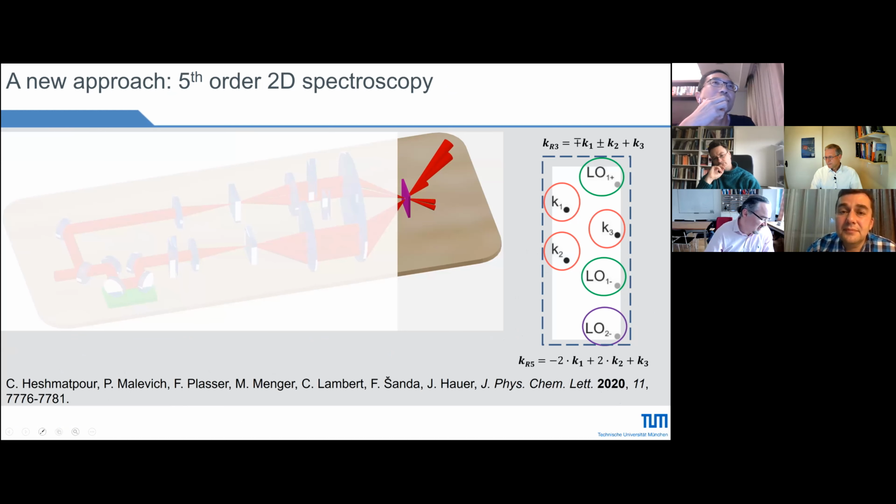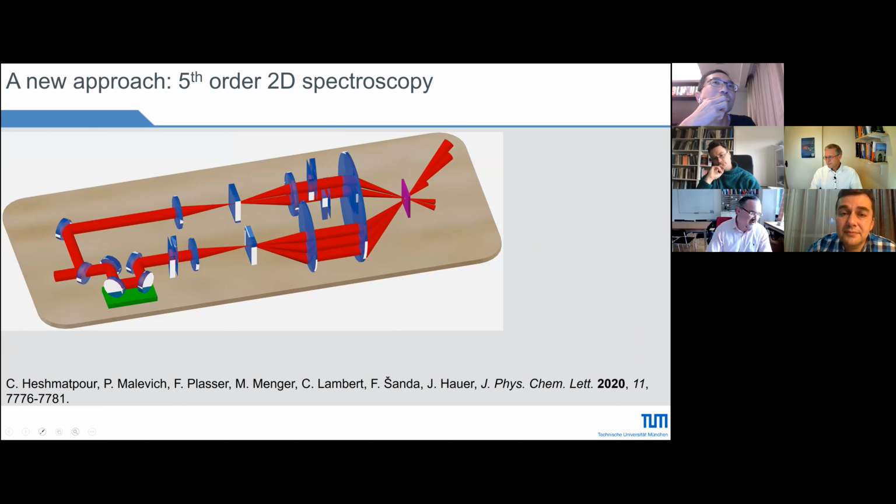Yes, I'm showing the absorptive part. I'm glad that you bring this up. I was only talking about the advantages of doing it fully non-collinearly. That's not quite fair, because if you do it partially collinearly, like Tobias did, then you basically work in a pump probe type of geometry, and then you get the absorptive part directly, right?